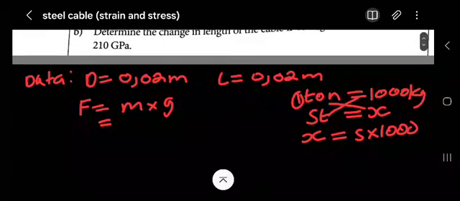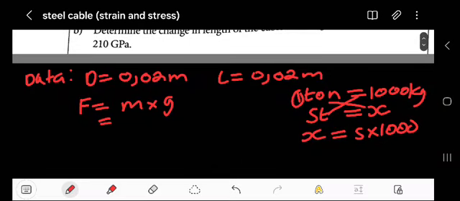Then remember this represents kgs. Then what will be that x? 5000, isn't it? Good. So that is how you apply this thing.